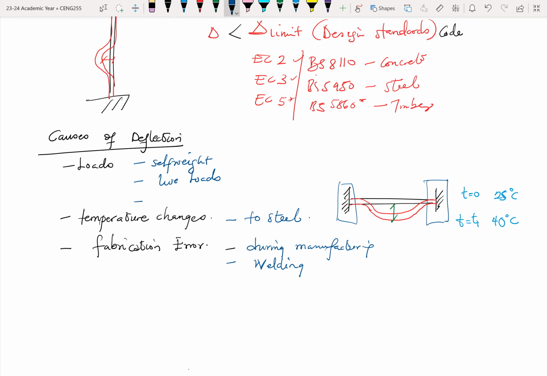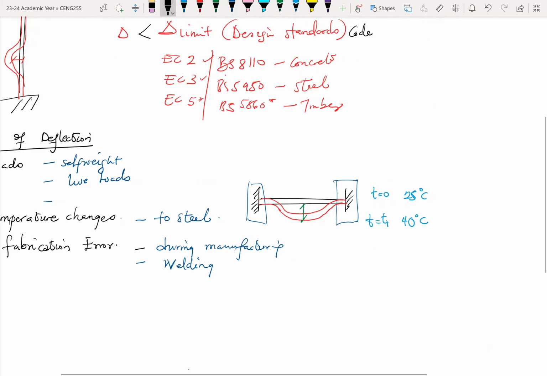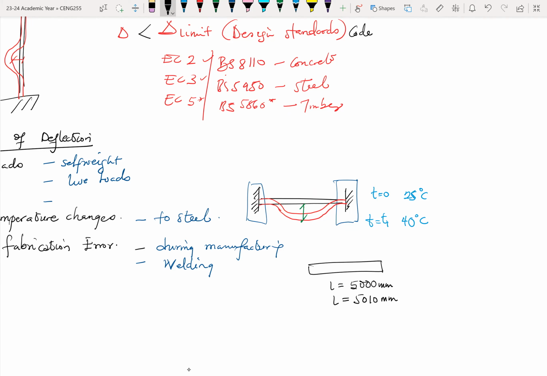Maybe, for example, if you have, again, I'm still using the beam. Maybe on paper, the length of the beam should be about, let's say, 5,000 millimeters. So that's what it's supposed to be to fit within part of the structure. All right. But then maybe during the fabrication process, the length was unfortunately increased, maybe there was an extra 10 millimeters added to it.